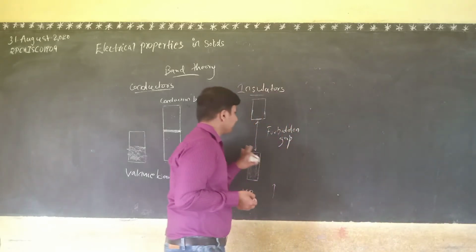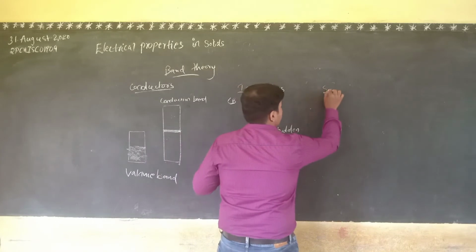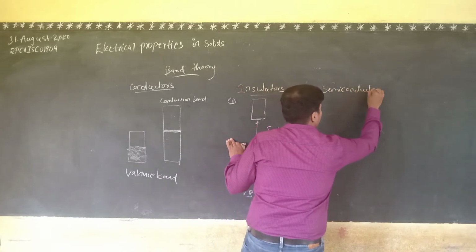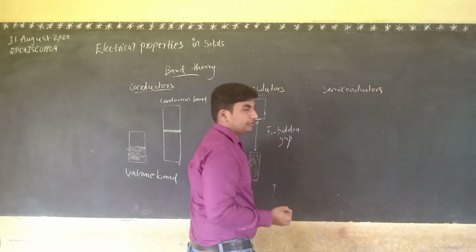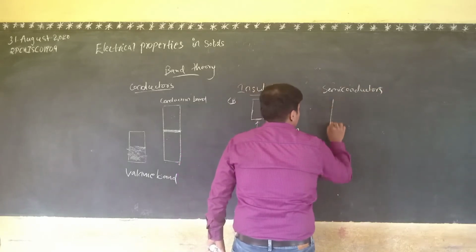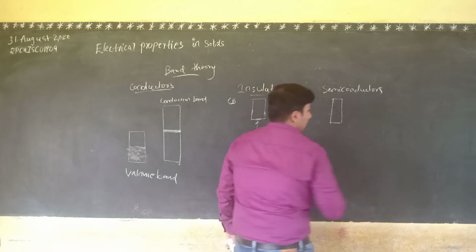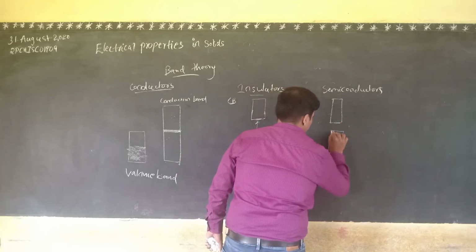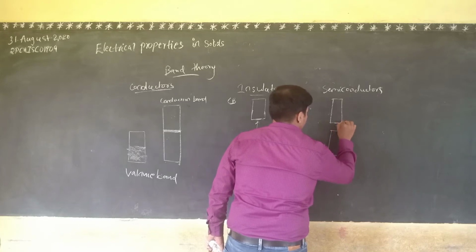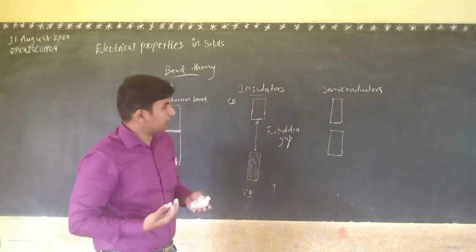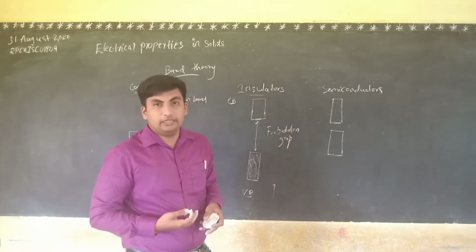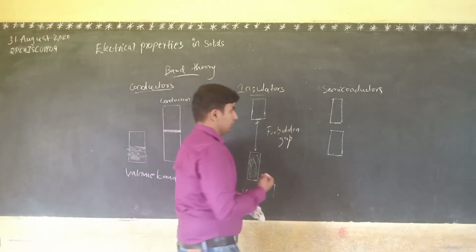Then the third one is semiconductor. Semiconductors are the materials which conduct electricity to a smaller extent.